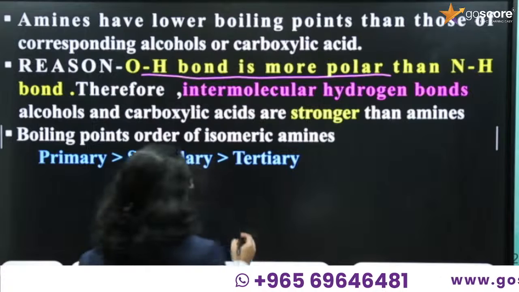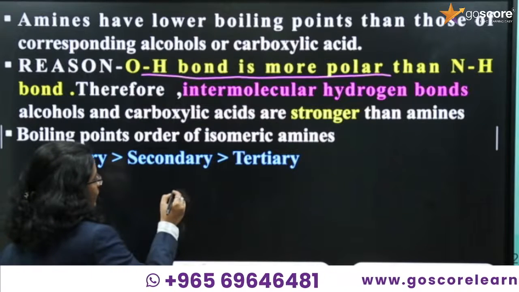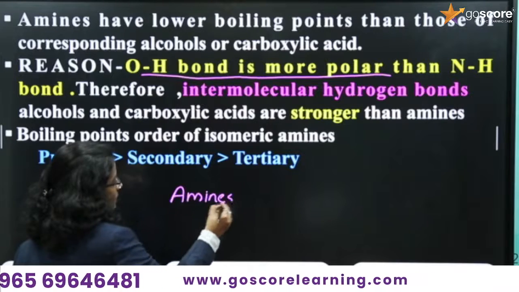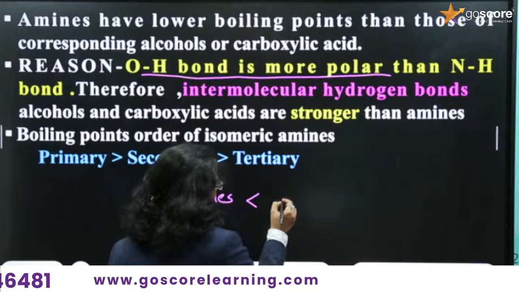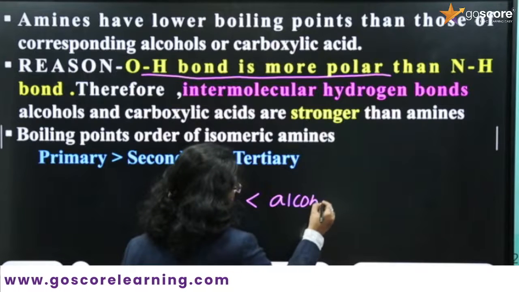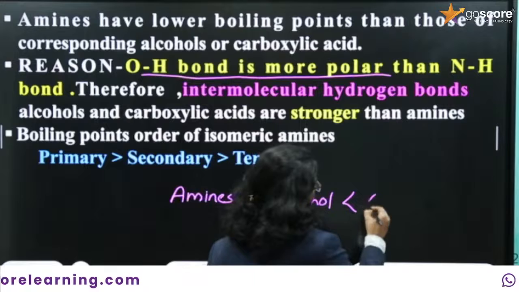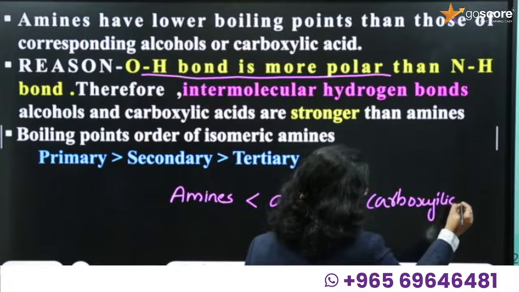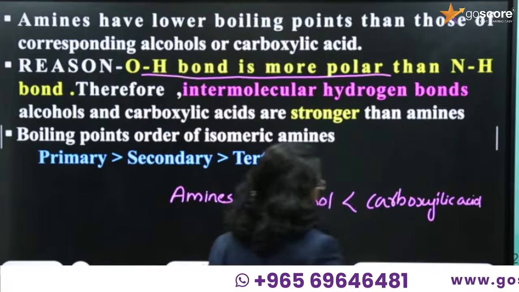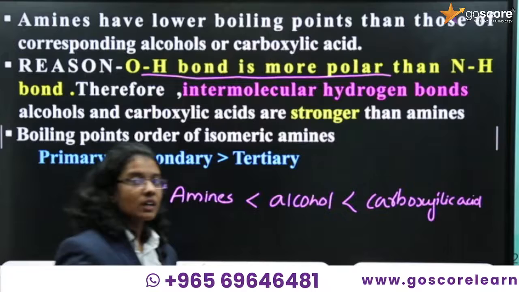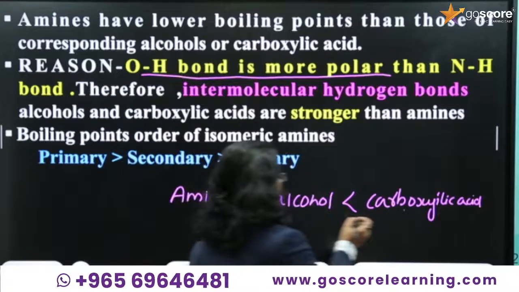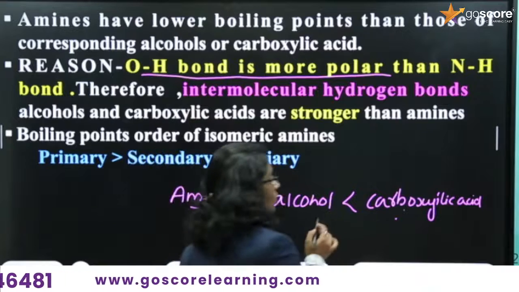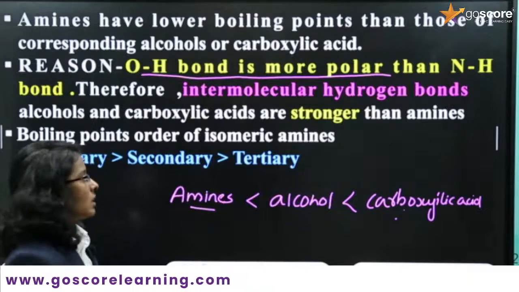So the order will be amines less than alcohol less than carboxylic acid. Carboxylic acid and alcohol have higher boiling point than amines.